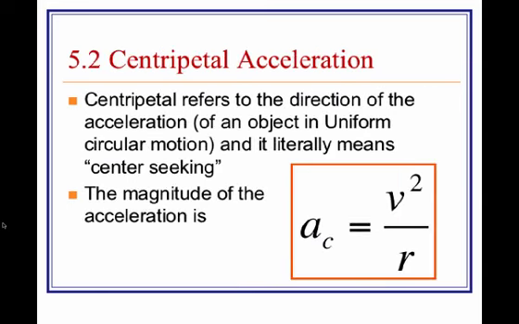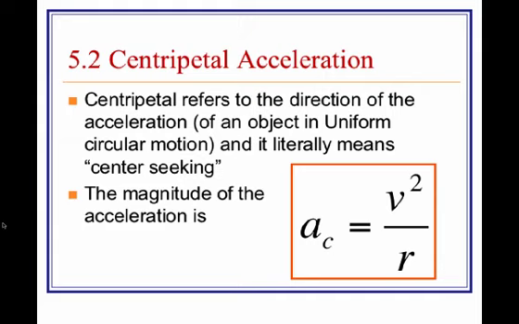Centripetal is merely a word that refers to any acceleration or force that is center-seeking, anything that is seeking towards the center. Here we have the equation for the centripetal acceleration. It says that the centripetal acceleration is equal to the speed squared divided by the radius of the circle.